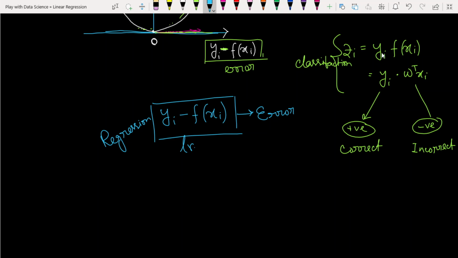For classification we use multiplication, and for regression we use simple subtraction to calculate the error, between actual and predicted yi.